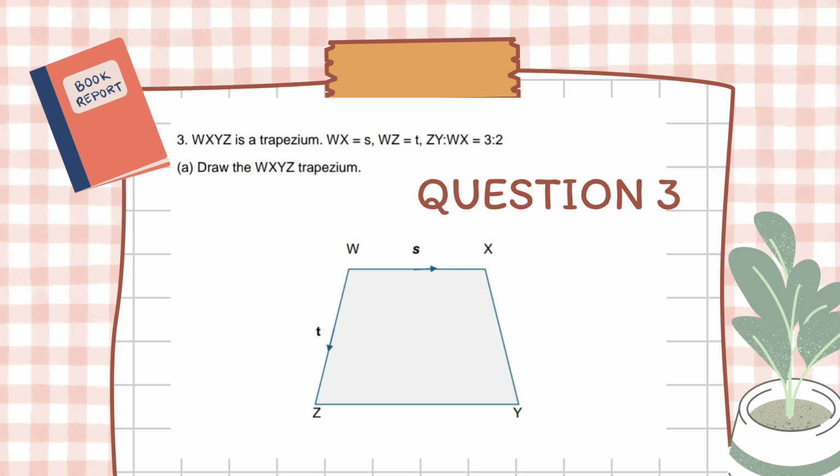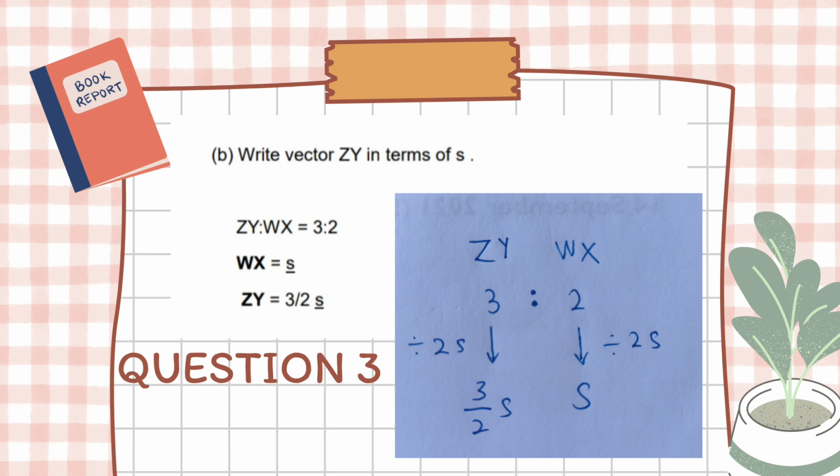Draw the WXYZ trapezium. So this is the shape of the trapezium. The WX line represents the vector s, and the WZ line represents vector t. Question b. Write vector ZY in terms of s.